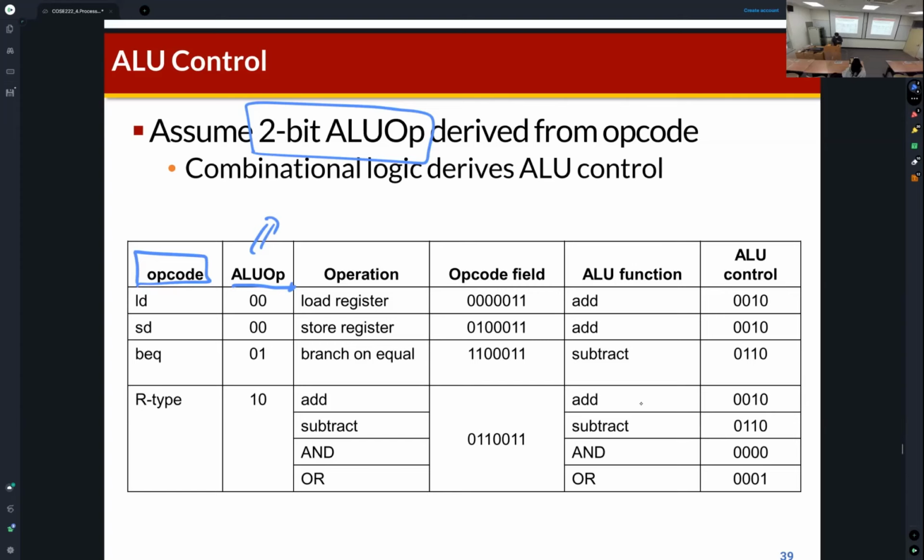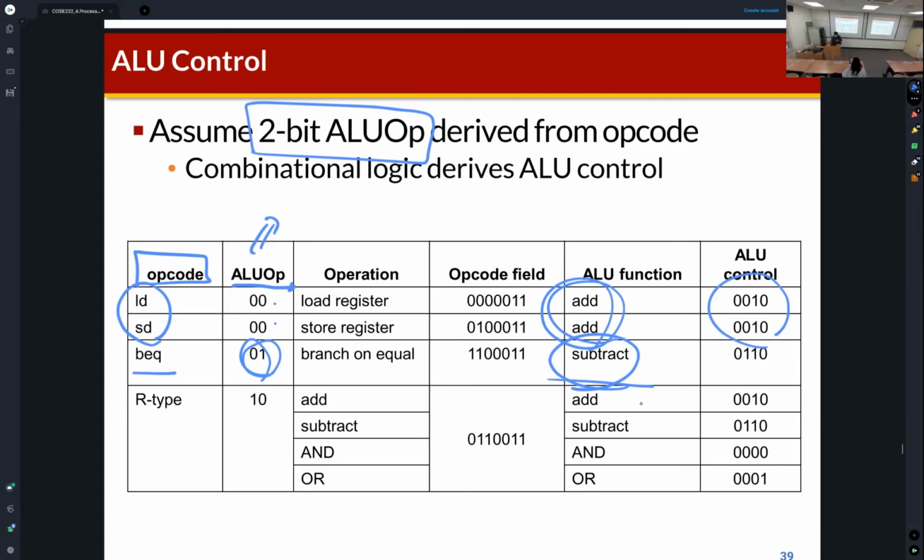For example, if the instruction is a load or store instruction, then ALU OP becomes 0, 0, and in this case ALU performs only the add operation. And if the OP code field is the branch instruction, like BEQ, then ALU OP becomes 0, 1. Which operation is required? The subtract operation is set for the ALU.